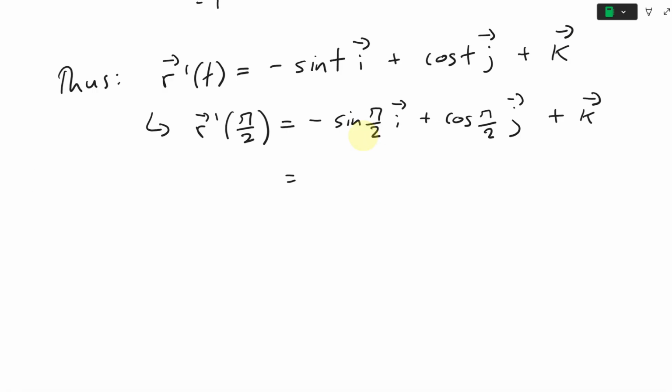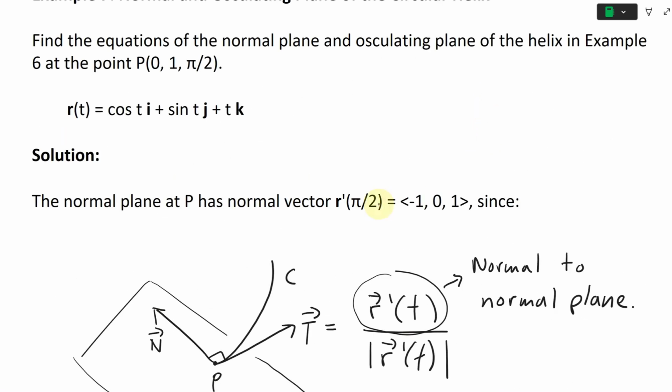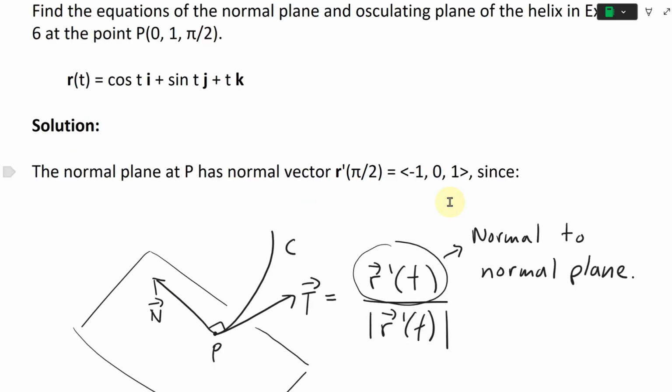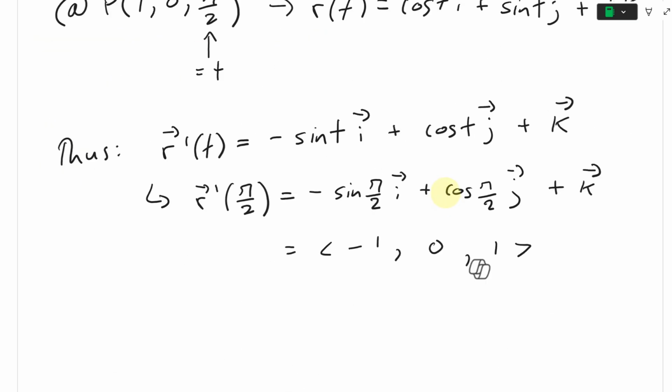I'll illustrate it in a bit. So put the negative, so negative i, or in the triangle bracket notation, this equals negative 1. And then cosine pi over 2 is just 0. And the next one is 1. This is exactly what the calculus book wrote: negative 1, 0, and 1. So that is our normal vector.